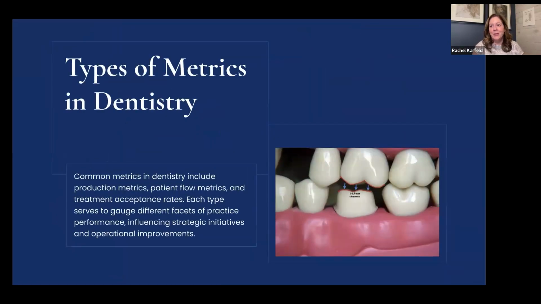Okay. So when we look at those types of metrics, we look at common metrics like production, patient flow, and treatment acceptance rates. How do we gauge the different facets of practice performance? One question I always like to ask when speaking with a team, a doctor, or multiple doctors and office managers is, why are we not meeting our goals?